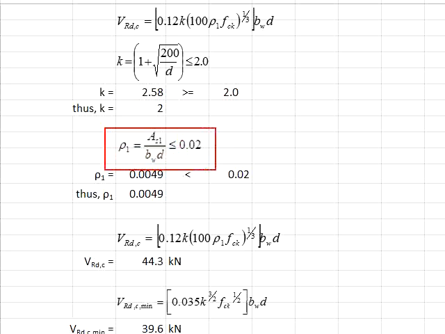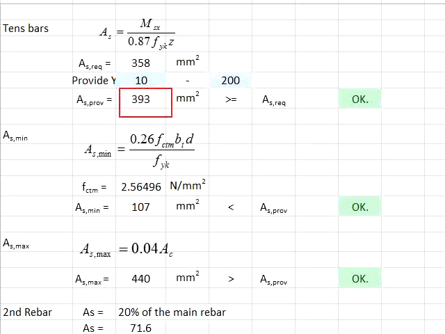Next, we talk about the amount of reinforcement bar of the sections as represented by the rho 1. It is calculated by having the amount of reinforcement bar provided divided by the width of the staircase times the depth of the staircase. The As provided here is given as 393 mm².